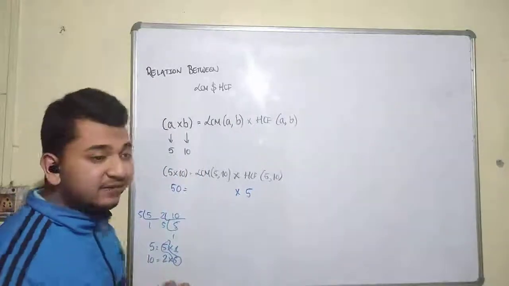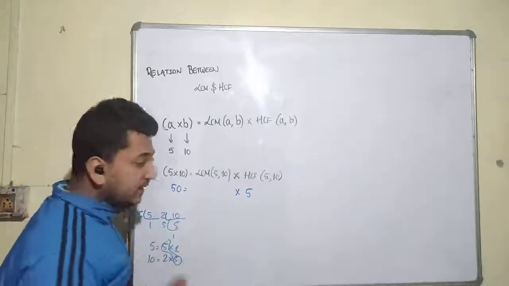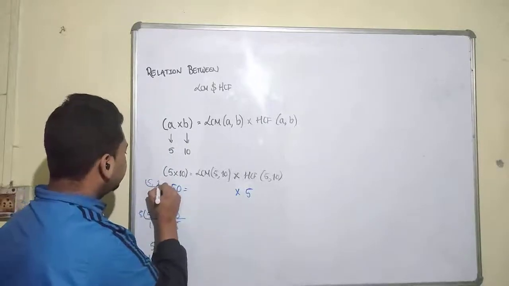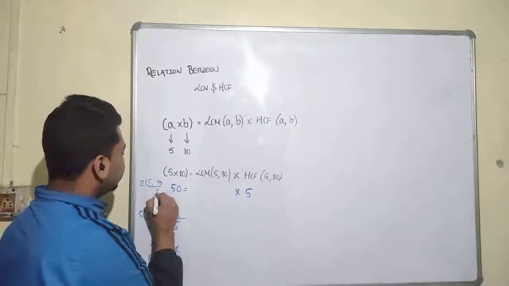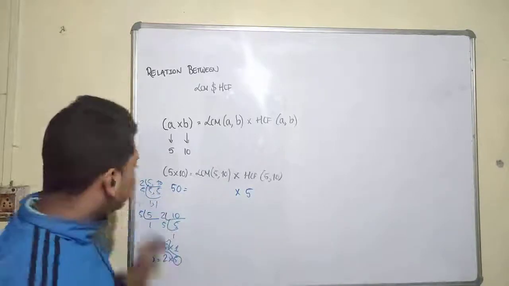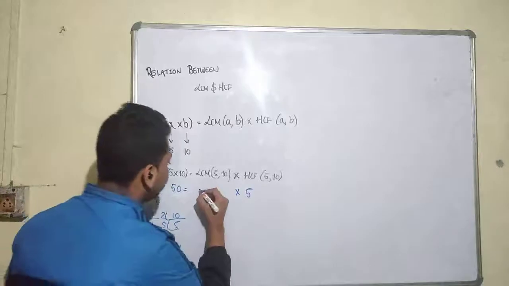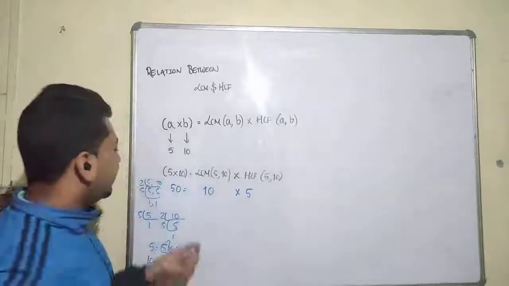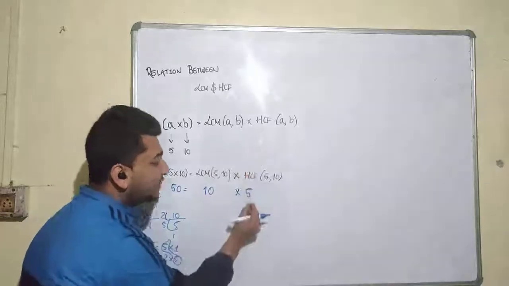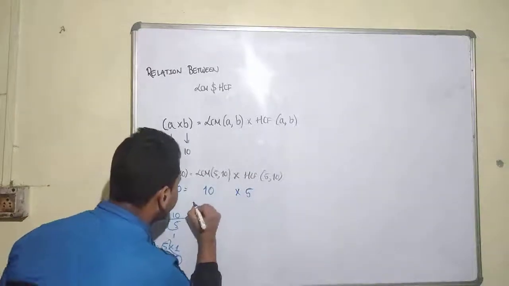Okay, so now we will find the LCM. 2 5s are 10 and 5 1s are 5. So our LCM is 2 into 5, and 2 into 5 is 10. So LCM is 10, HCF is 5, and 5 into 10 is 50.